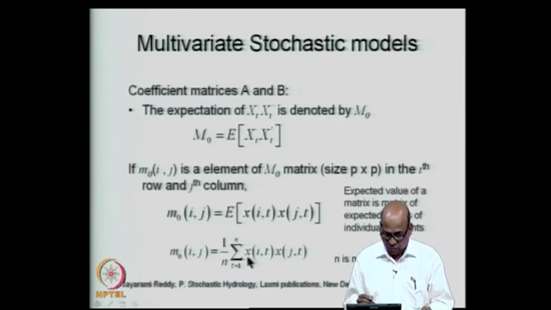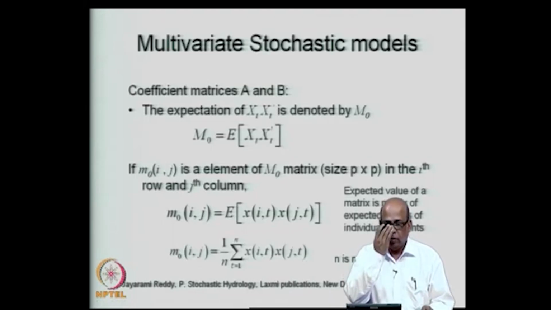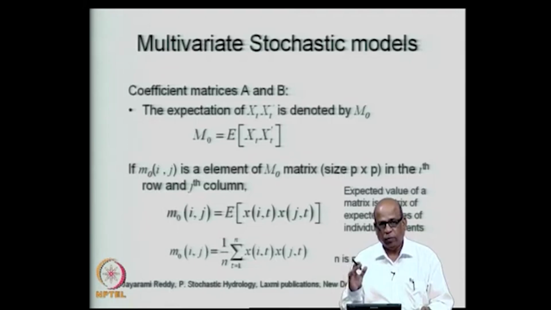Now, look at this, x_i(t) x_j(t). What are these? These are the standardized values of our original observations. Let us say you are looking at the flows, and we denote the flows as q. So, what is x_i(t)? It is simply a standardized value of q, namely q minus q bar by s, where s is the standard deviation, q bar is the mean.